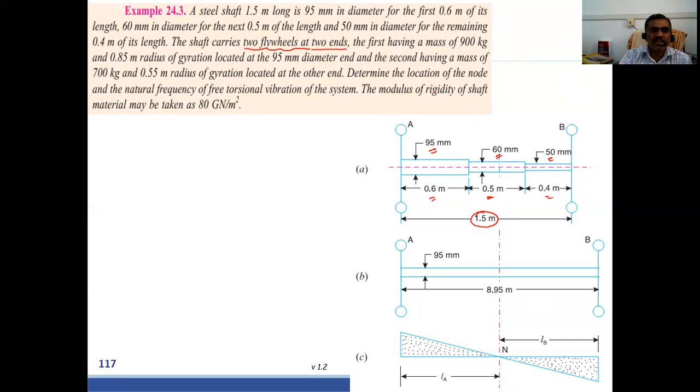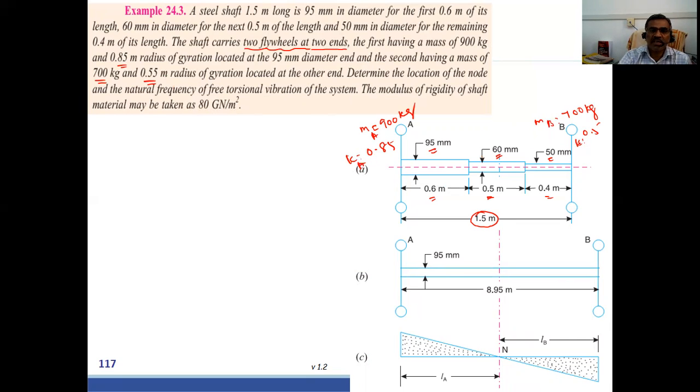One has mass MA equal to 900 kg and radius of gyration 0.85. Another mass MB is 700 kg, and the radius of gyration KB is 0.5.